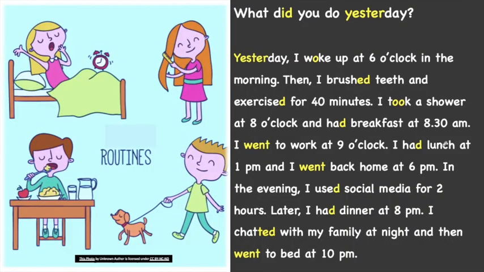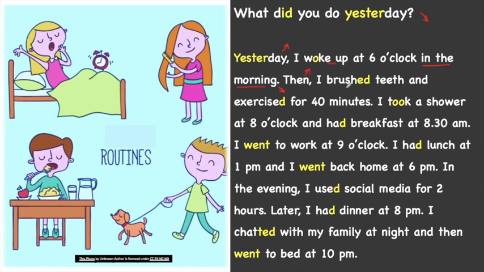Okay. Alright, so this is the question. If somebody asks you, what did you do yesterday? So again down, you would say, yesterday I woke up, yeah, you can say it together. I woke up at 6 o'clock, 6 o'clock in the morning. So, you know, these two in morning, you can say them together, okay, in the morning.